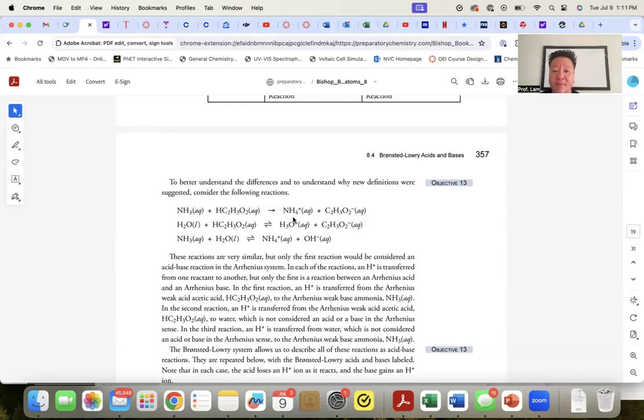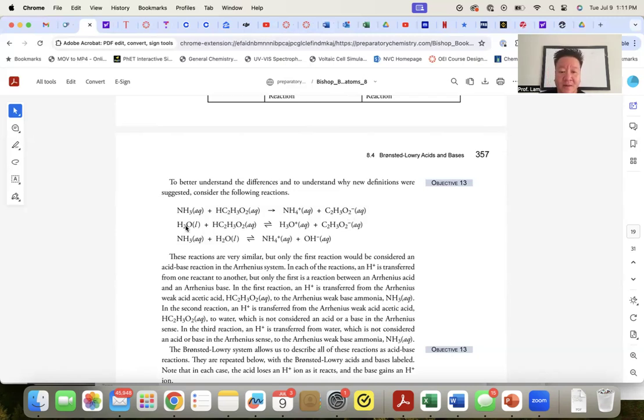NH4. But remember, you're not just donating a hydrogen, you're donating an H plus, so NH4 is now a cation as well. If you give NH3 an H plus, it becomes NH4 plus. And what do you have left over after the acetic acid loses its proton? You just have C2H3O2 negative.